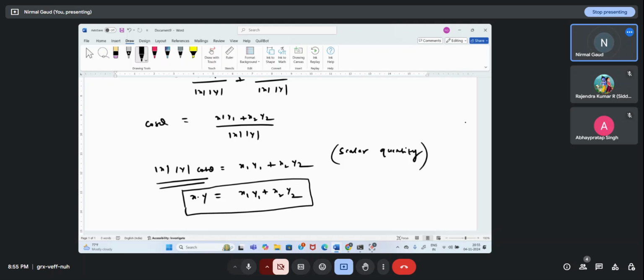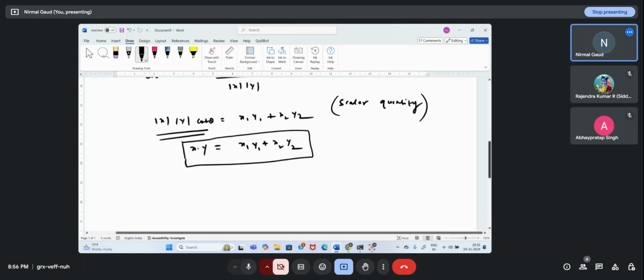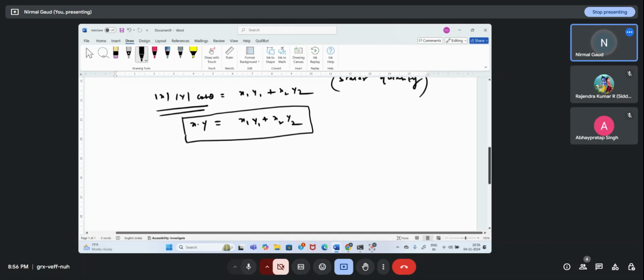Okay, fine. So this is what we achieved here, and I can write it in a generalized way. That is x dot y is equal to summation i equal to 1 to n of xi yi.